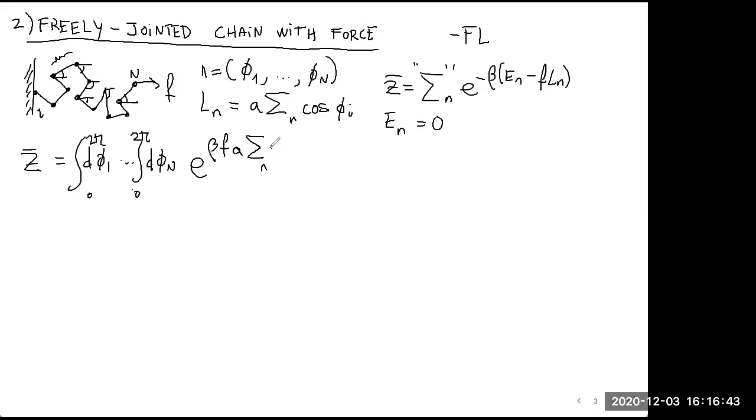Somewhere, sorry, this was not perfect, so we have to take this out and put the sum from i equals 1 to n. So this is the sum over i of cos phi i. Okay, this is the partition function.